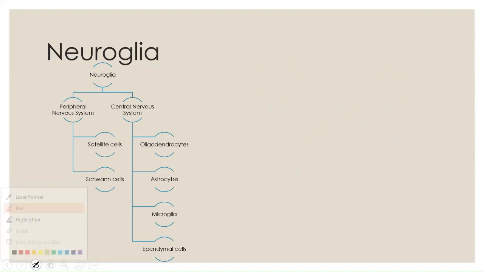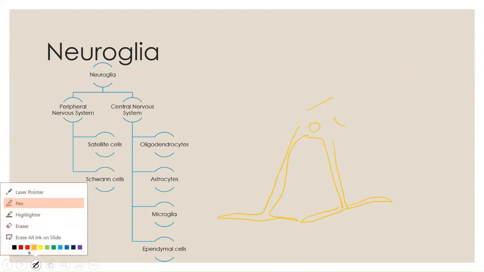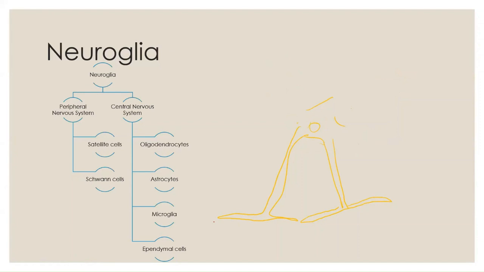Then the astrocytes. Astrocytes are star-shaped. So you have a central part, and you have again processes extending, and from then you have food processes which extend like this, and these are situated along the blood vessels which supply the brain.